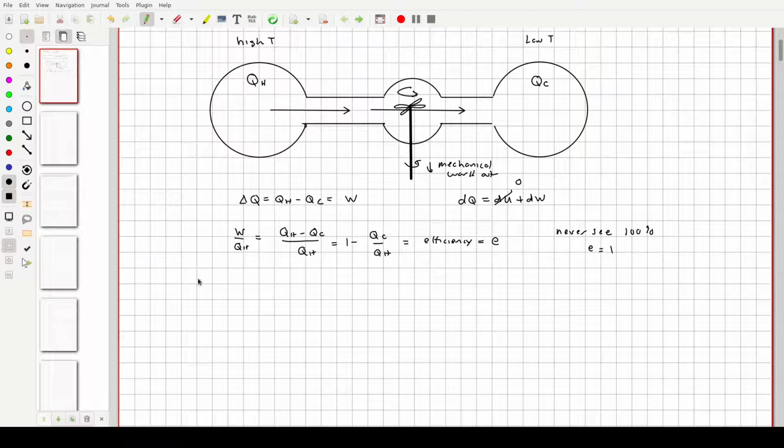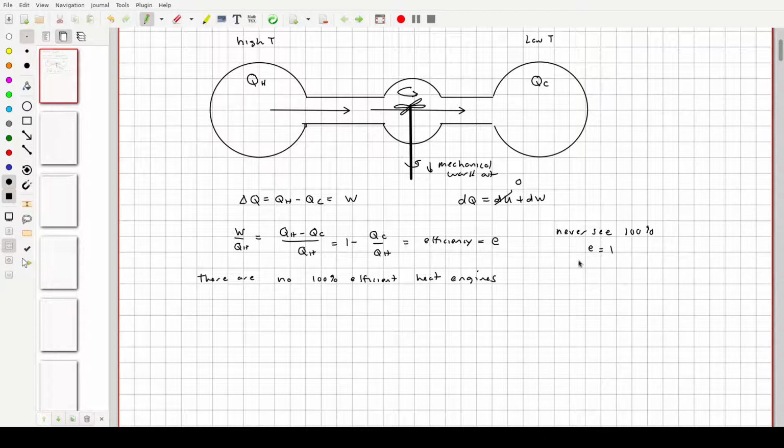So another way would be: there are no 100% efficient heat engines.